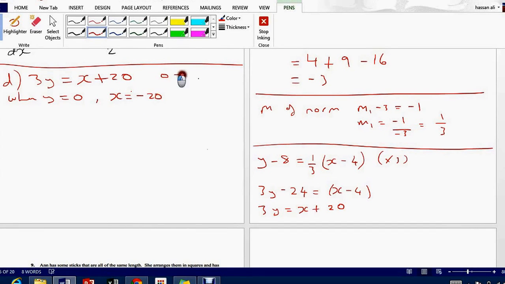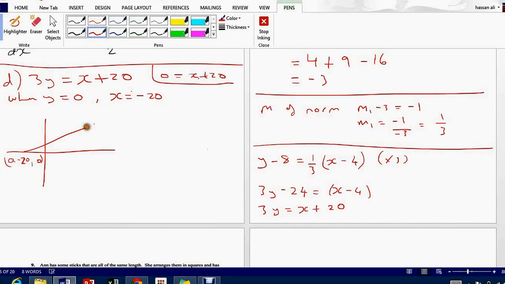In other words, you've got 0 equals x plus 20, and if you take that 20 across, it becomes minus 20. So if we just draw this out so you have a rough idea of what you're looking for, it's not to scale, you'll probably have a line like this. Let's say that's your point Q, at minus 20 and 0, and this is your point P.